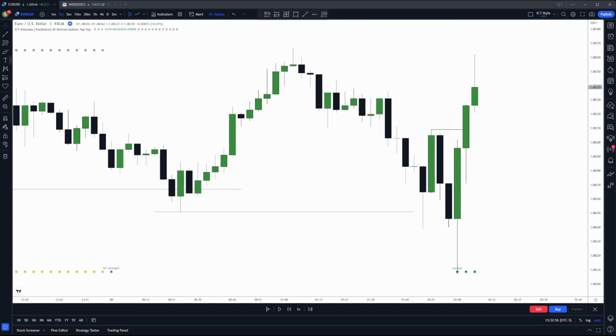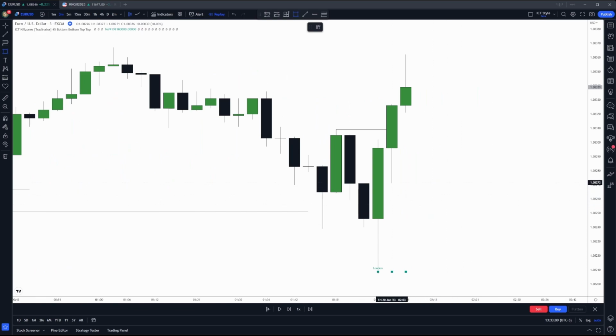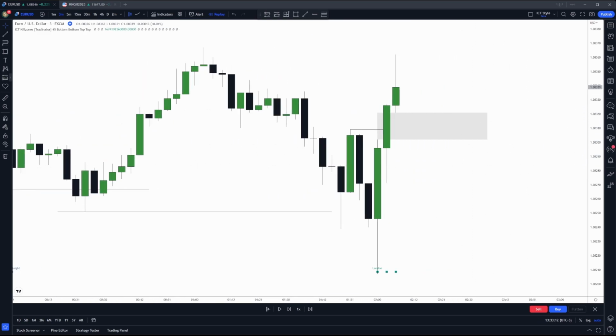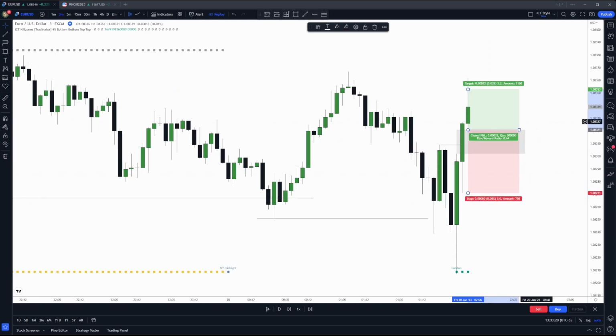And we then have a fair value gap. As we can see down here, there is no real fair value gap. Perhaps here, no. Those are equal levels, so no real fair value gap. So where is the fair value gap? It's right over here. So at this point, we can actually take an entry from there. And since there is no real fair value gap left down here, I would probably set my stop somewhere like that.